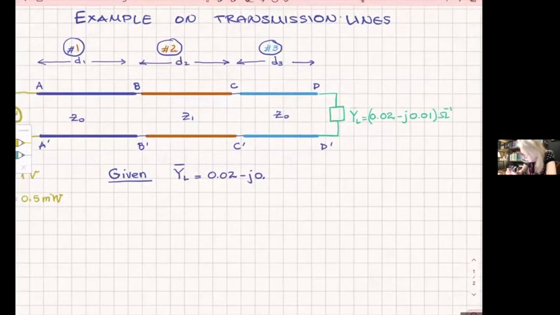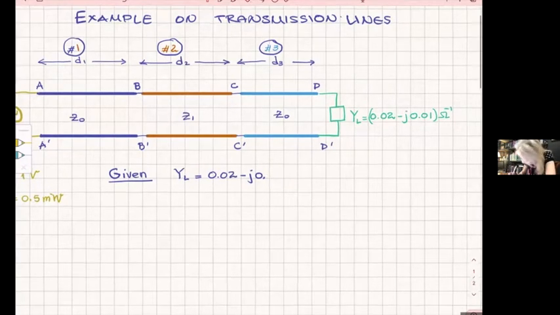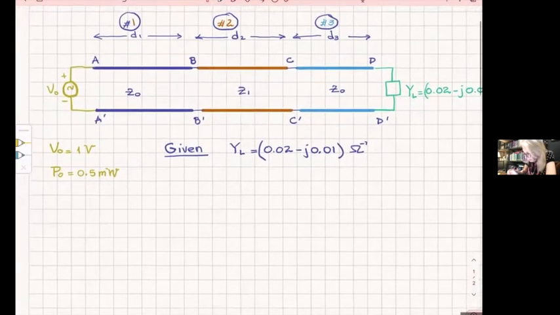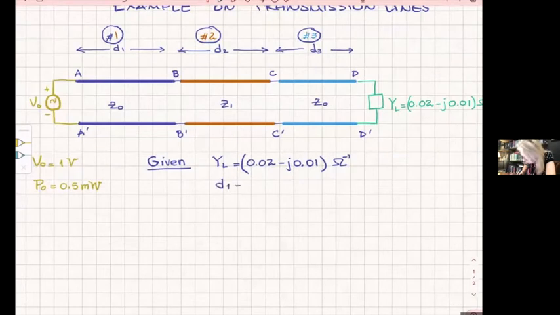I'm sorry, the numbers that I gave are not normalized. I give you that D1 is, say, 0.1 lambda. I give you that Z naught is 50 ohms, or in that case, Y naught will be 1 over 50, which is going to be 0.02, I think. Yeah.